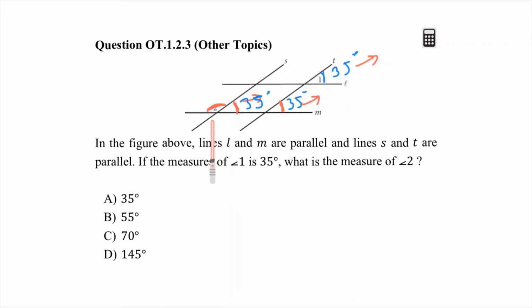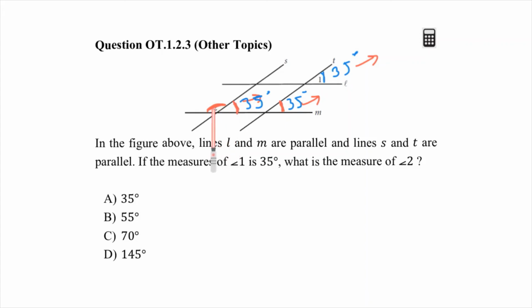And last thing, remember supplementary angles. This is line M. These two angles are neighbors to each other and they are above line M. They are on the same straight line. If they are on the same straight line, they are supplementary angles. What does it mean? The sum of the two angles here is 180 degrees. So to find this angle, I need to subtract 35 from 180 because they are supplementary.